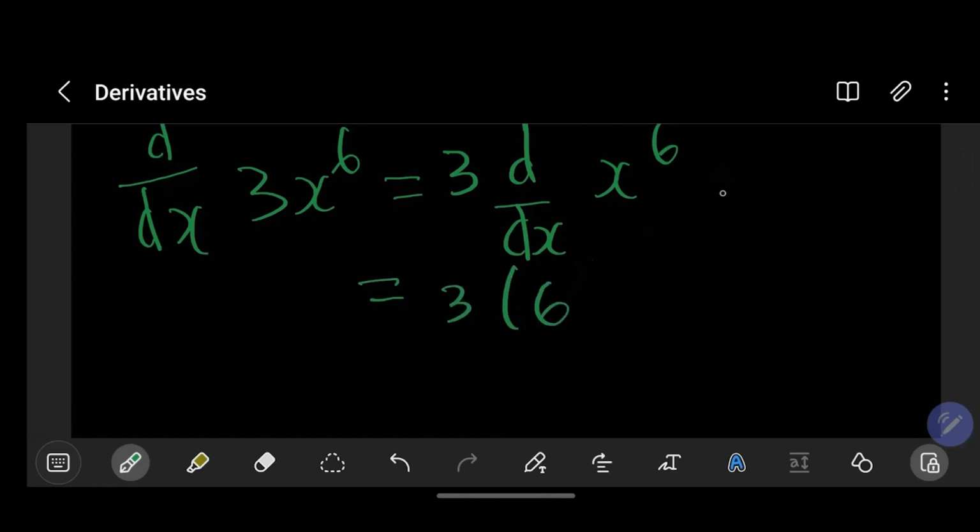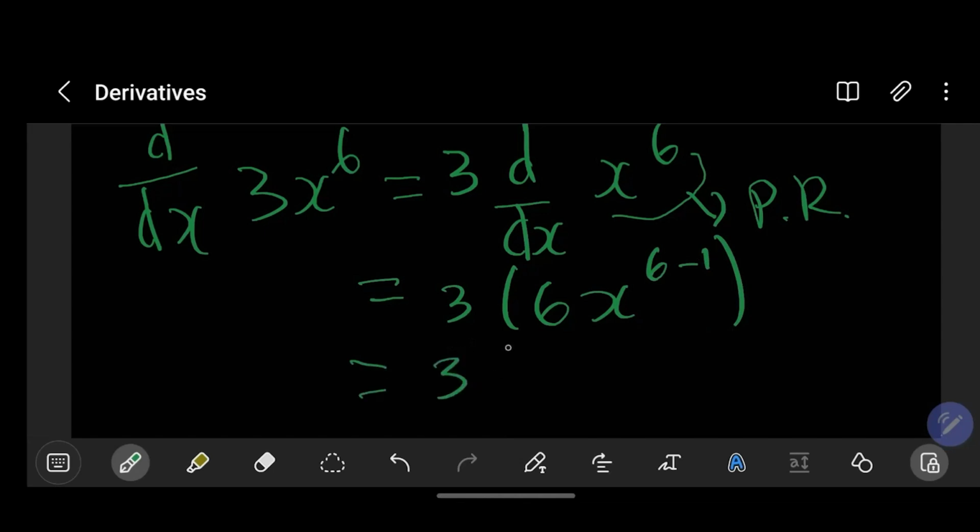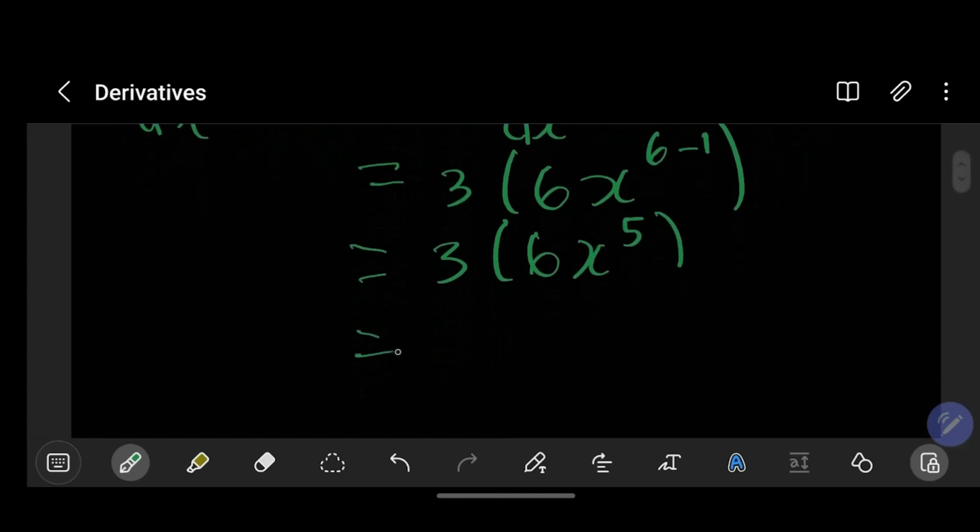Now we are using the power rule, so we take out n, which is 6. We then say x to the 6 minus 1, and that's basically equal to 3 times 6x to the 5, and 3 times 6 is 18, so 18x to the 5.